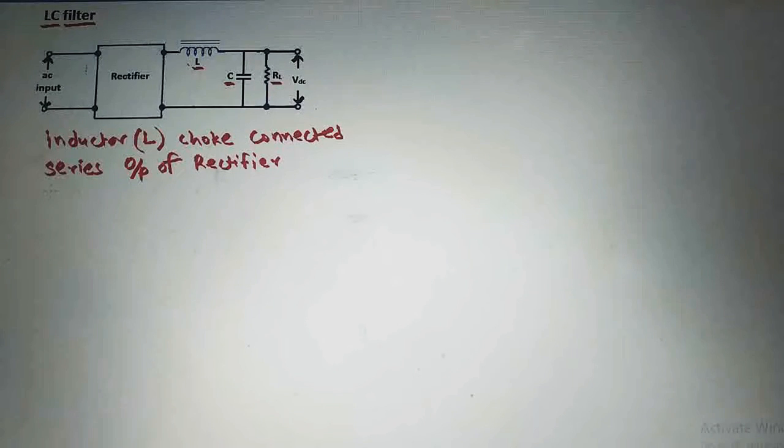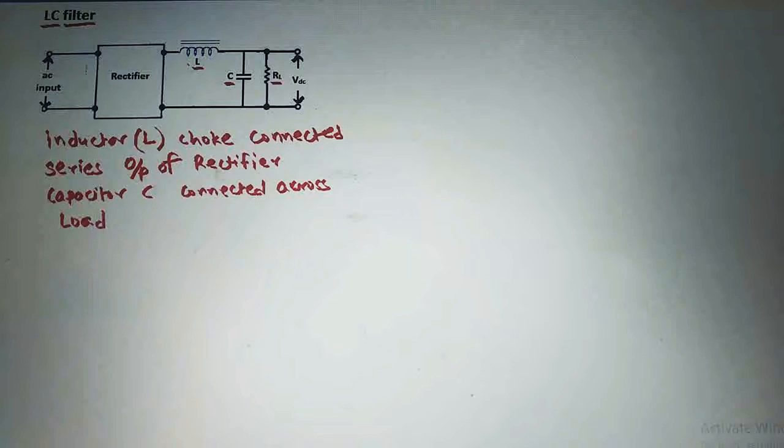So we can write here, this capacitor C is connected across the load resistance RL, and across this load resistance RL we will get the DC output voltage, that is VDC.